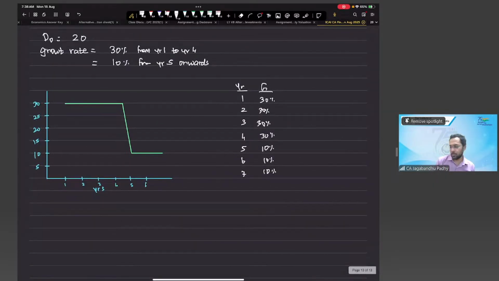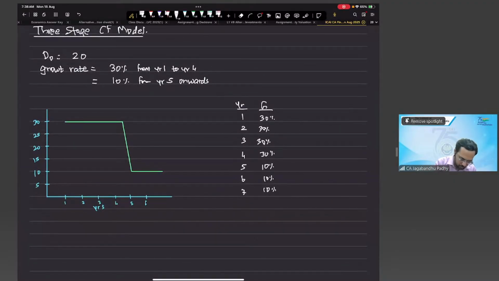So a more accurate and appealing way of looking at this growth rate is to say that it's not going to fall directly from 30 to 10. You have a high growth rate for a certain phase, and then gradually there's going to be a fall, right?